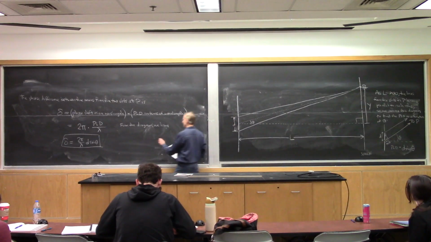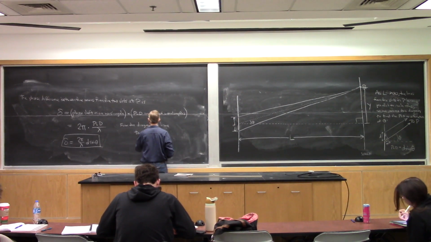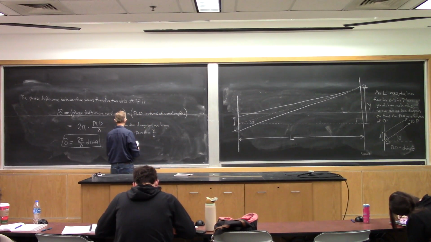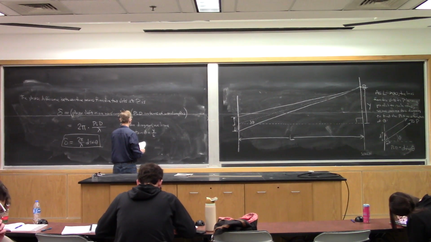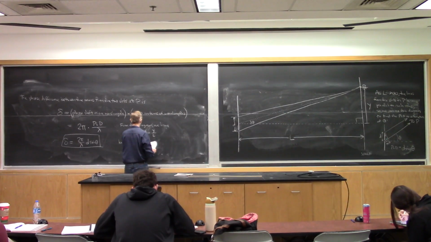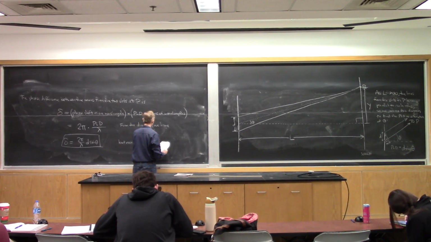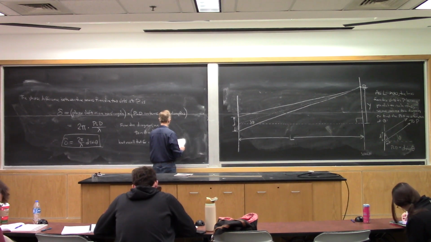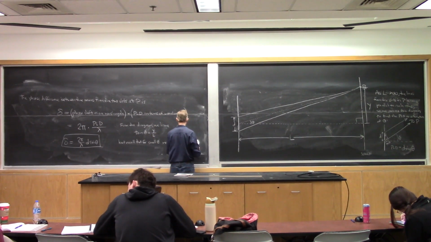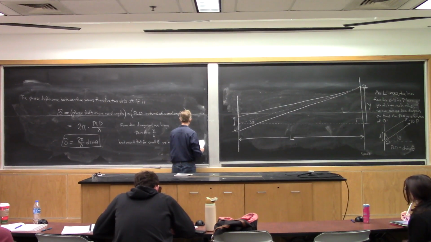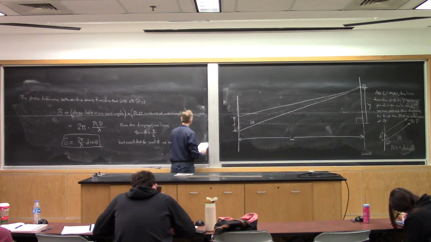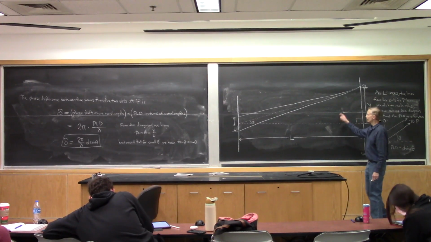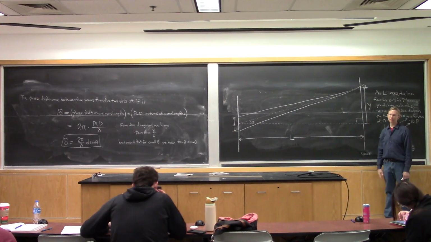We have tan theta is equal to y divided by L. But recall that for small theta, tan theta and sine theta are very nearly equal to one another, because if theta is small, the hypotenuse of that triangle and L are practically the same length as one another.